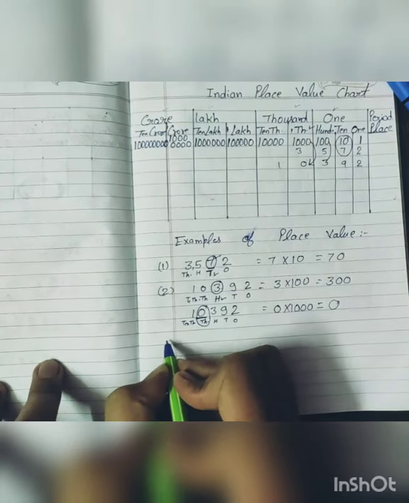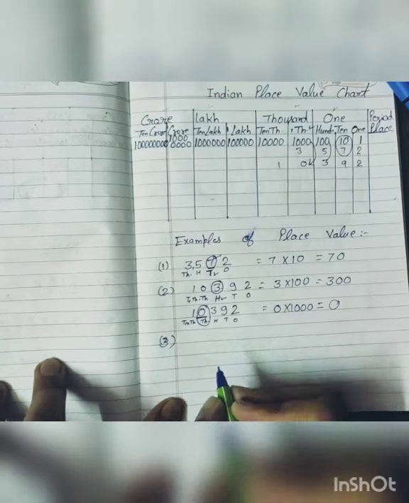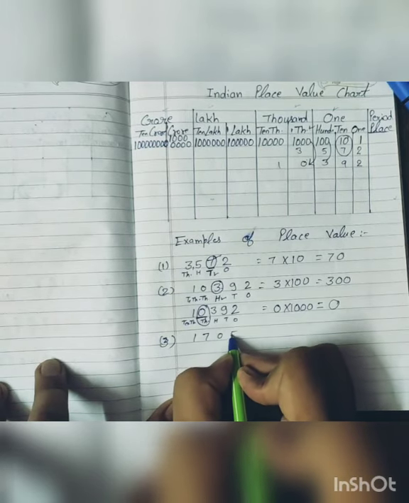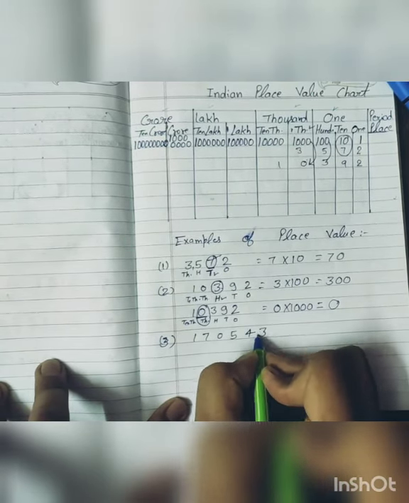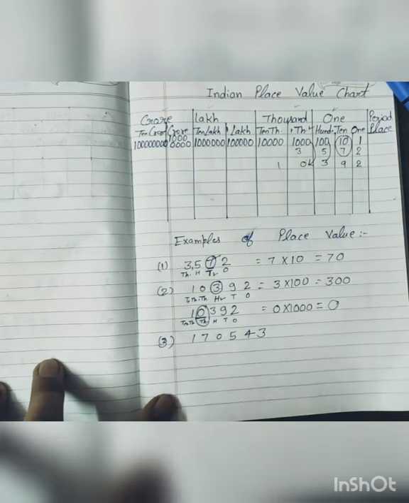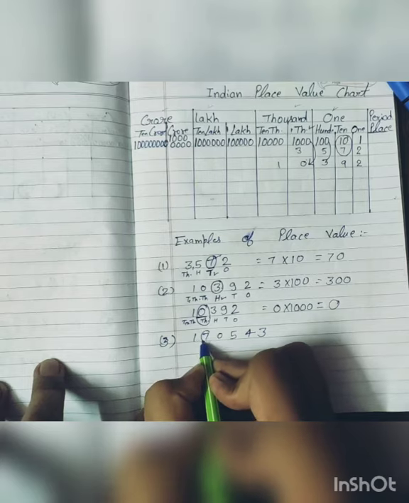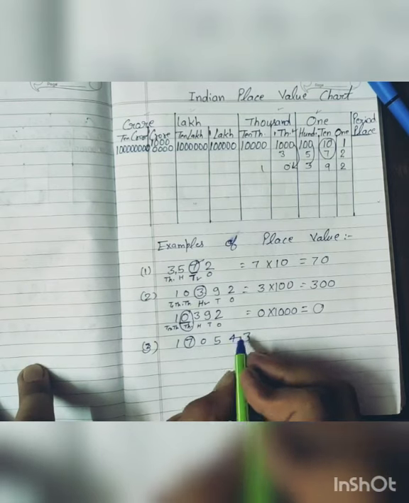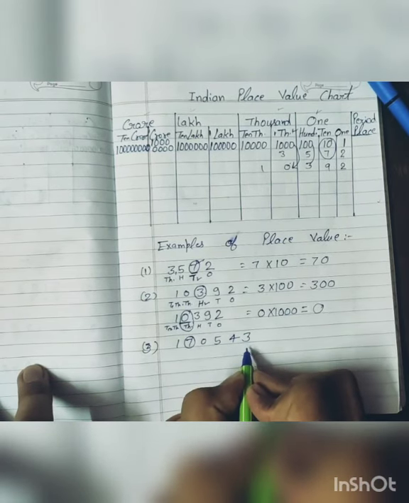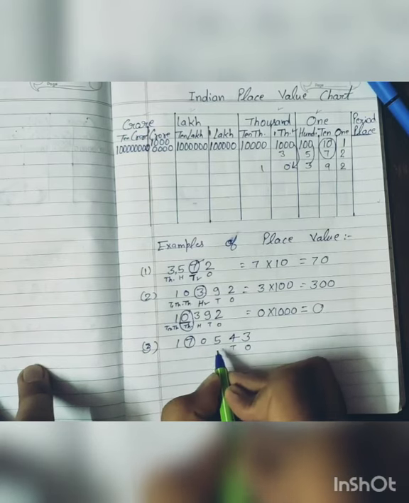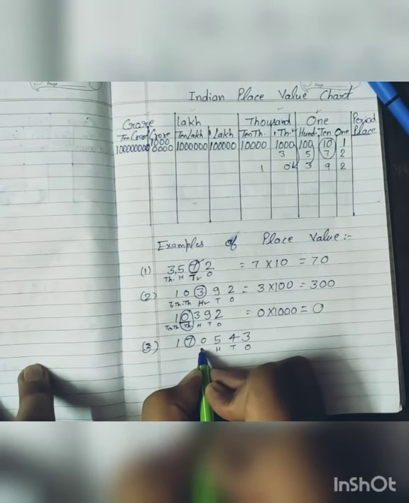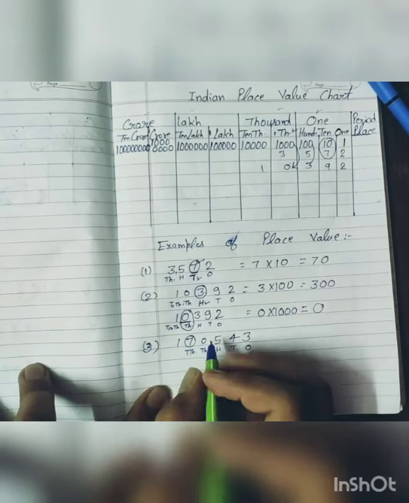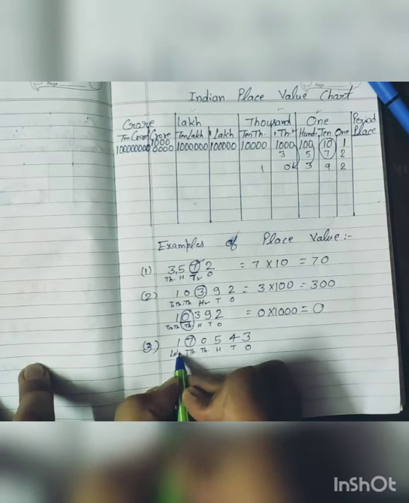Okay, let's do one more example. 170,543, and you have to find out the place value of 7. Same as always, first identify the digits and their places. This 3 is on 1's place, this is on 10 place, this is 100 place, this is on 1000 place, this is on 10,000 place, and after 10,000 it is on lakh place.